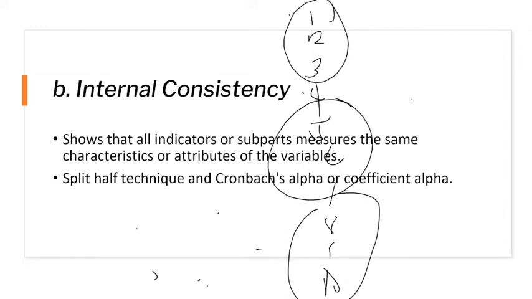Is it the same in numbers 5 to 7? Because basically, if you are measuring knowledge all throughout the questionnaire, if you are intelligent on the first part, you're supposed to be intelligent on the second and third parts, if your questionnaire indeed measures one specific type of variable.